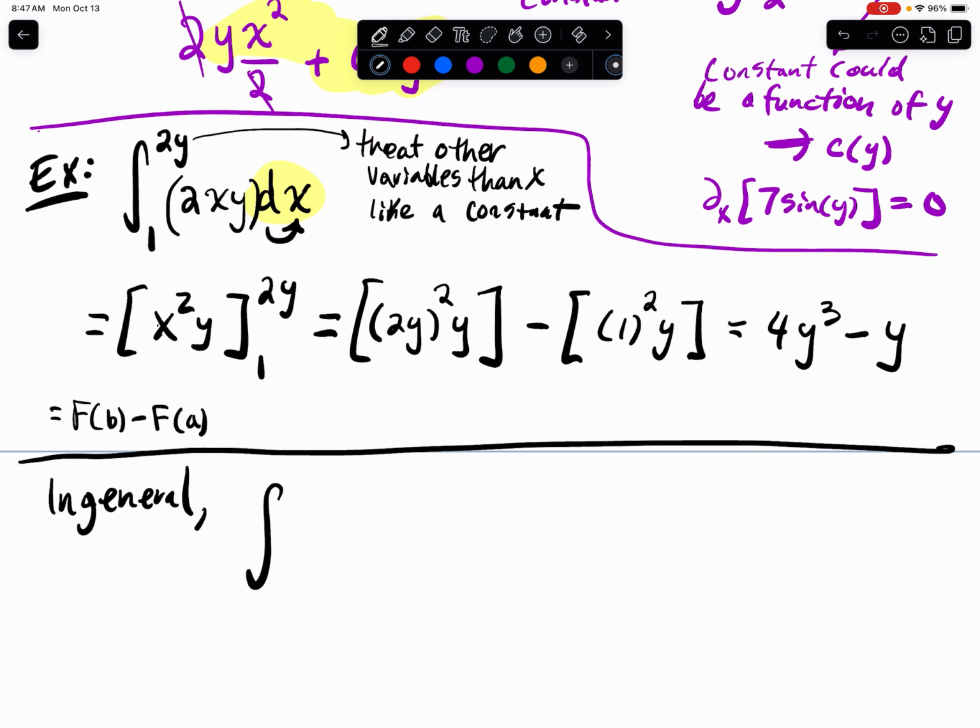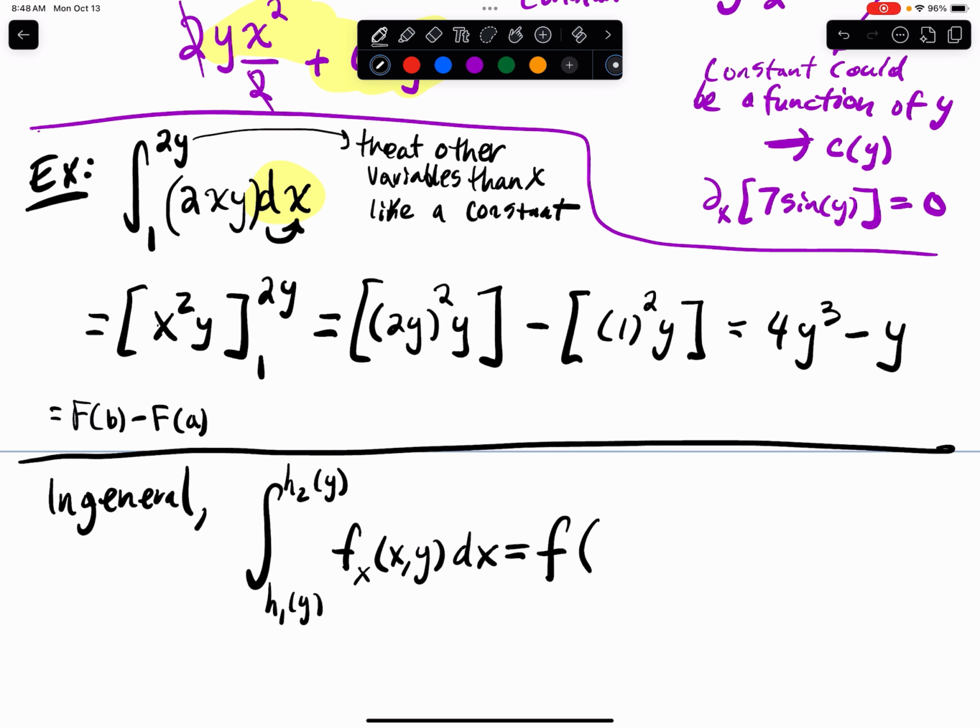The integral from a function h1 of y to a function h2 of y of f sub x of x, y dx is equal to f evaluated at the upper limit, h2 of y comma y, minus f evaluated at the lower limit, h1 of y comma y.